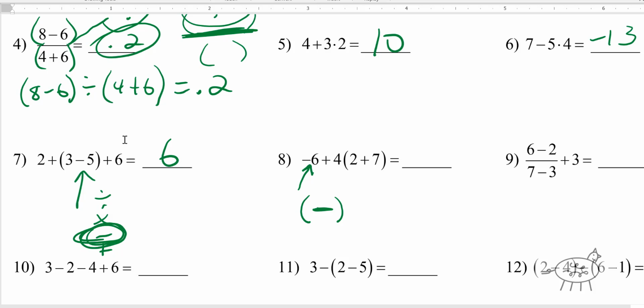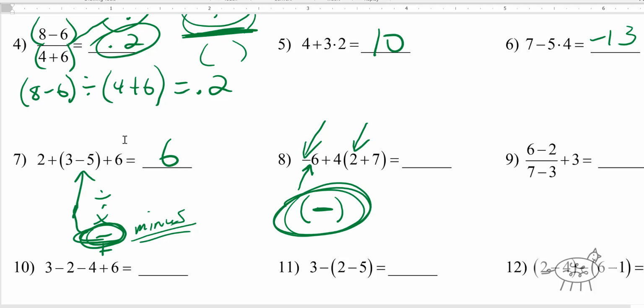So if it's a negative between numbers, you use the minus sign. Okay, if it starts out like this, that would be a negative 2, you have to use this button. Otherwise, it's going to give you an error. If you try them both with a minus sign, you're going to get an error.